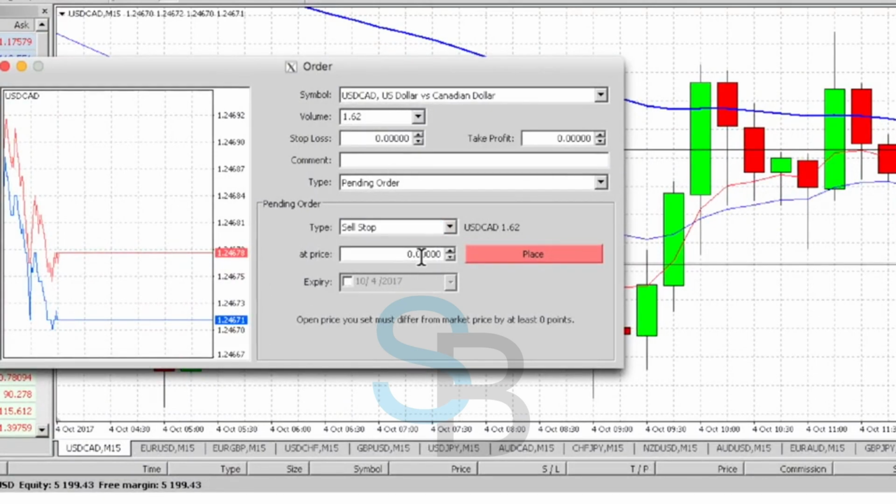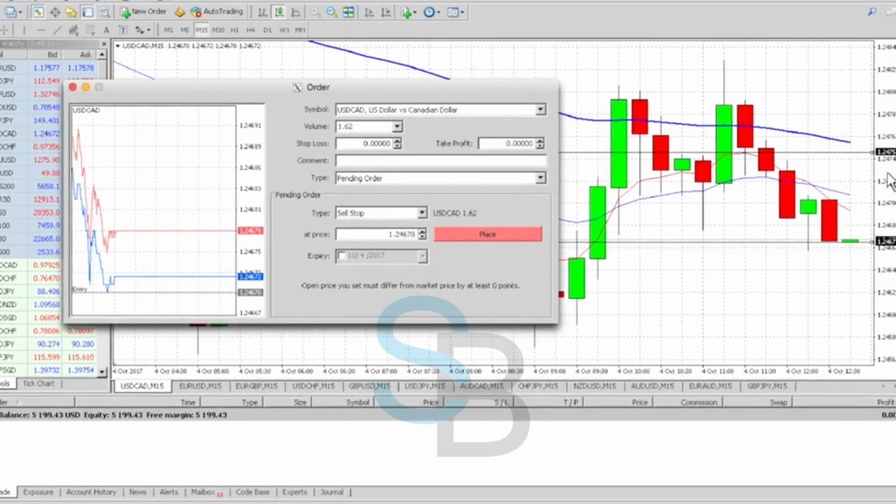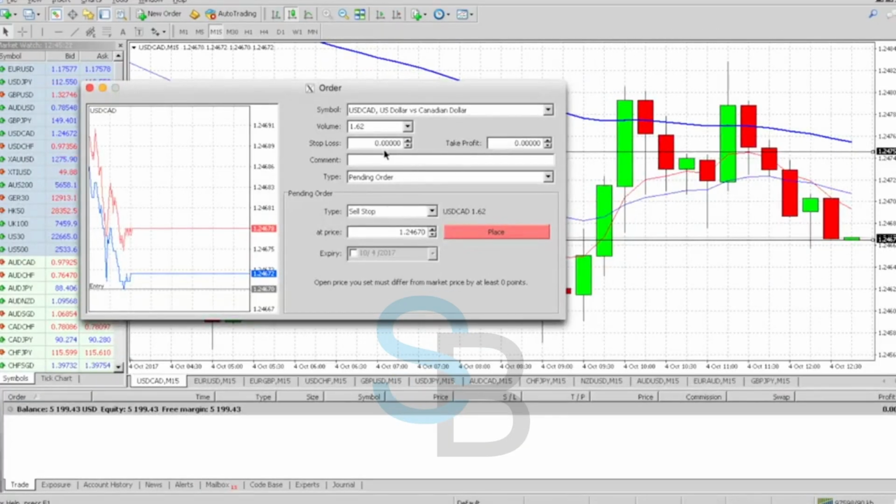So my price is 1.2467. Okay, and stop loss at 1.2475. Now I can place my trade first, and my take profit I can do it later.